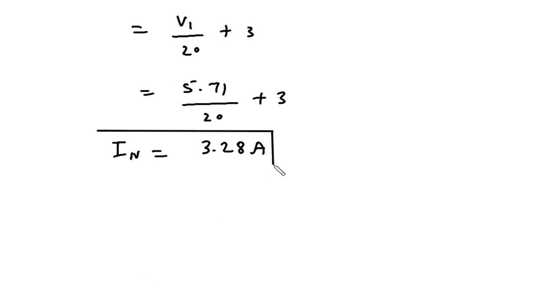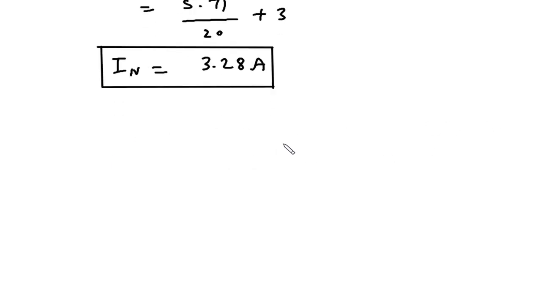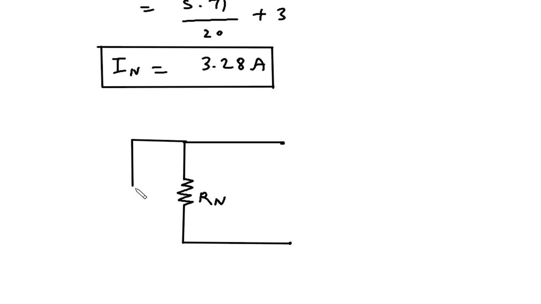Now we have the value of In and Rn. From this we can draw Norton's equivalent circuit. This will be Rn, and in parallel with Rn, the current source is In.